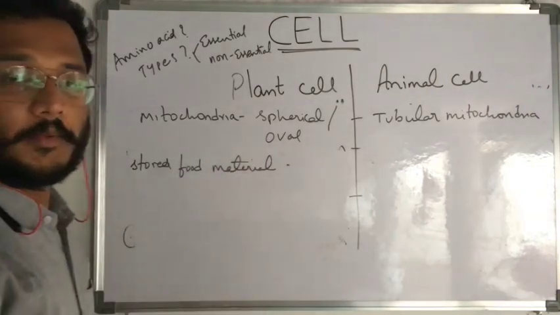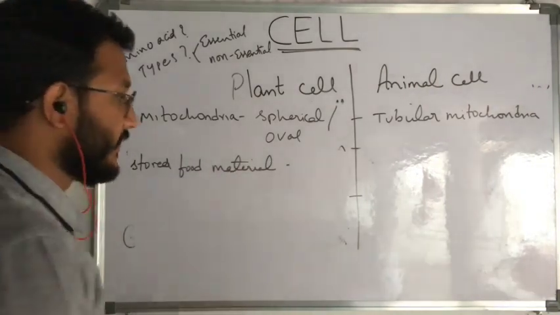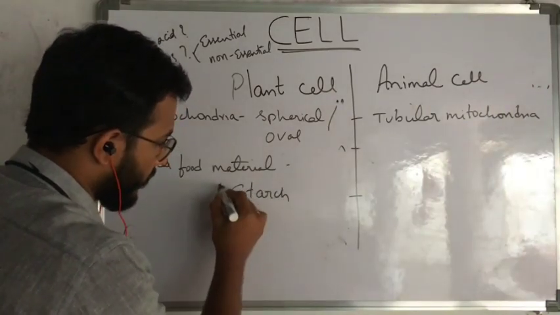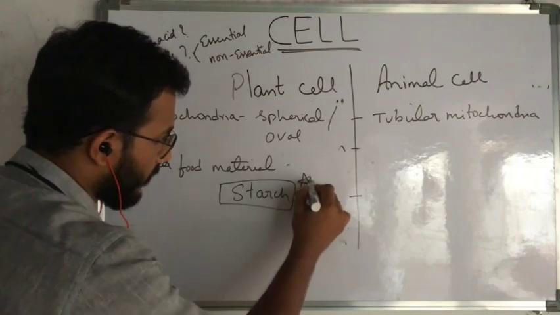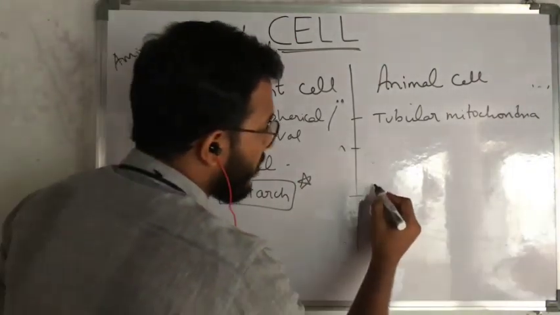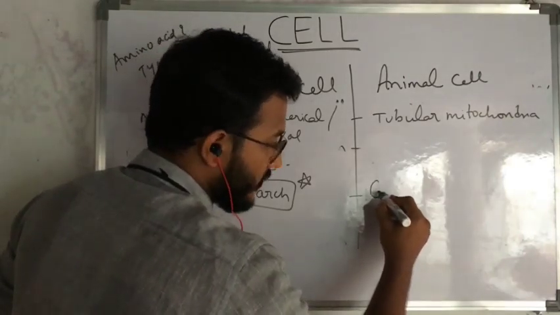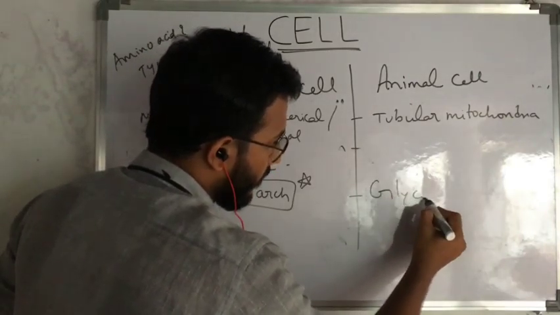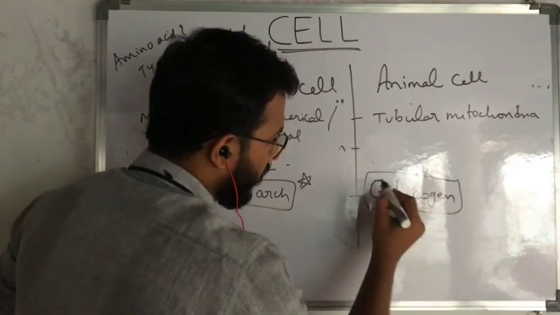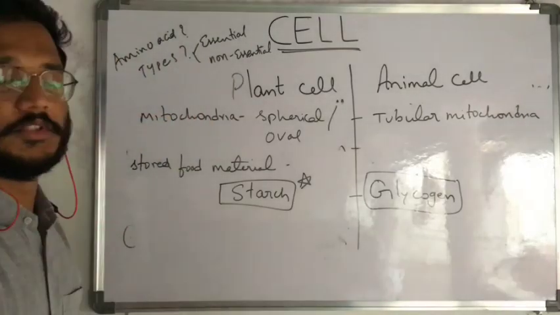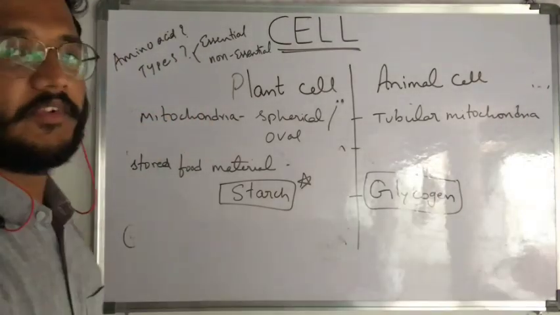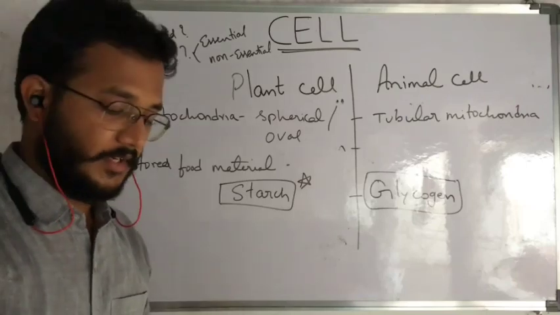The plant cell stores food materials in the form of starch. The most important point. And the animal cell stores the food in the form of glycogen. These are the most important differences between the plant cell and animal cell.